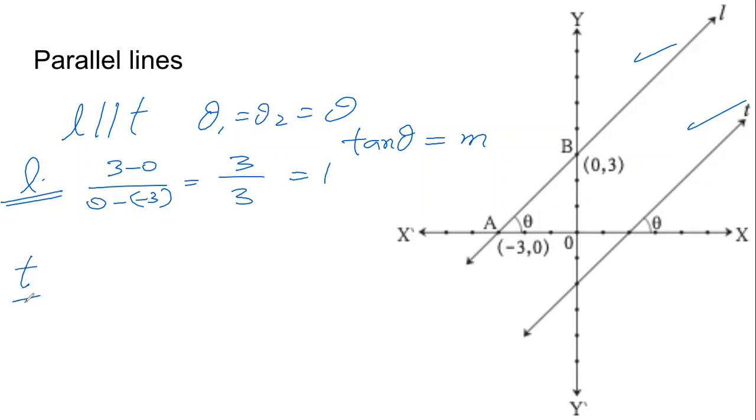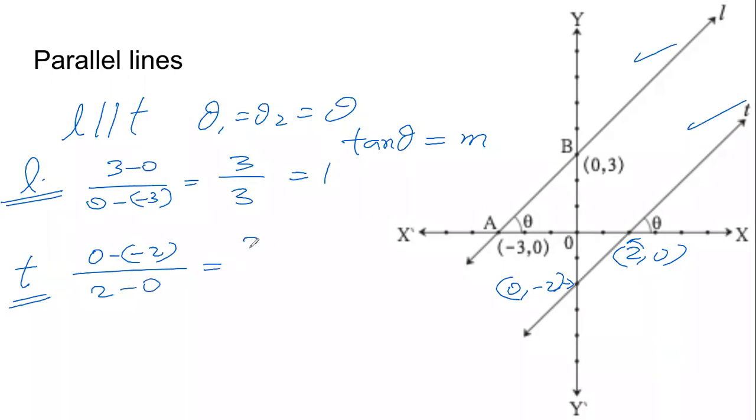Now let's try to do the same thing for the line T. Then you will say, sir, where are the points? Yes, there are points. This point is 2, 0. This point is 0, minus 2. So if we apply the coordinate formula for slope, 0 minus minus 2 by 2 minus 0, which is 2 by 2 equals to 1.